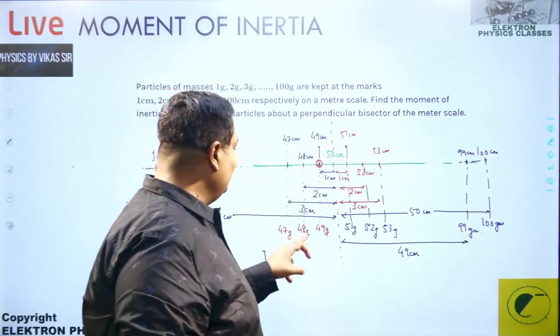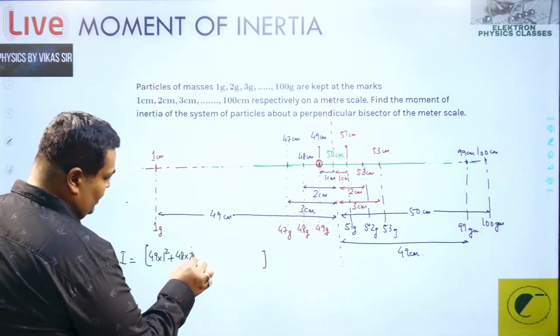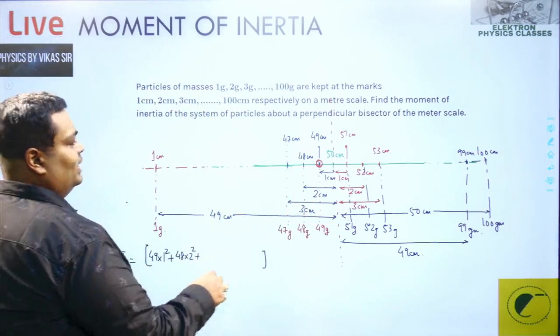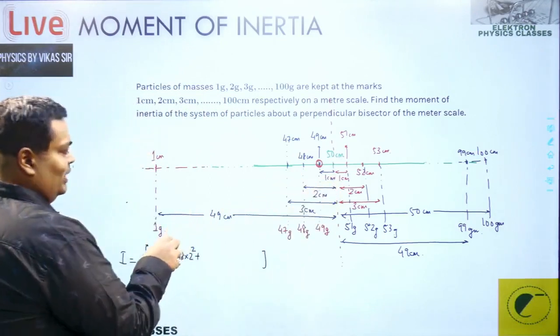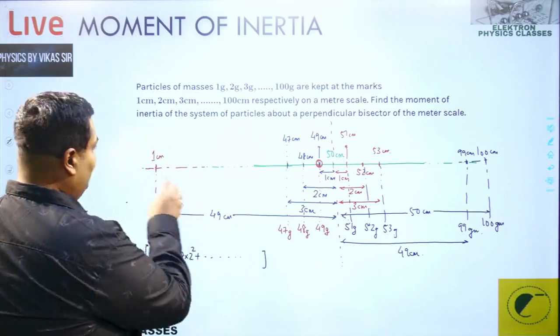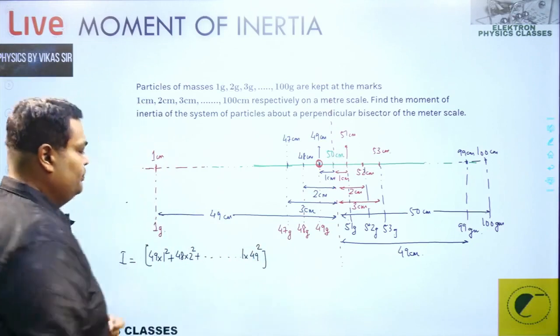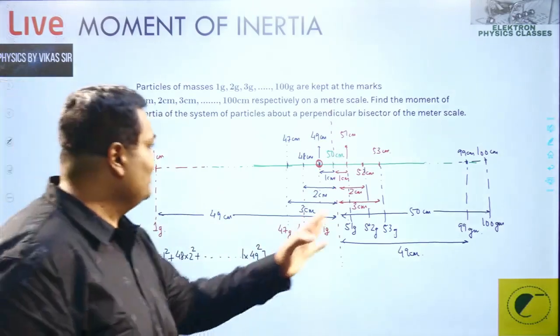Plus 48 into 2 square, and so on. And then 47 into 3 square, and so on, until this one, 1 into 49 square. That's the moment of inertia for the left side particles.